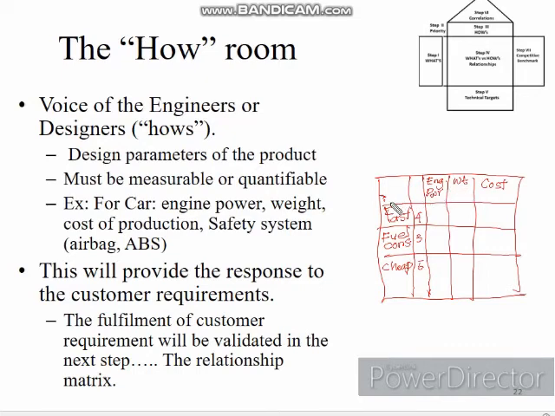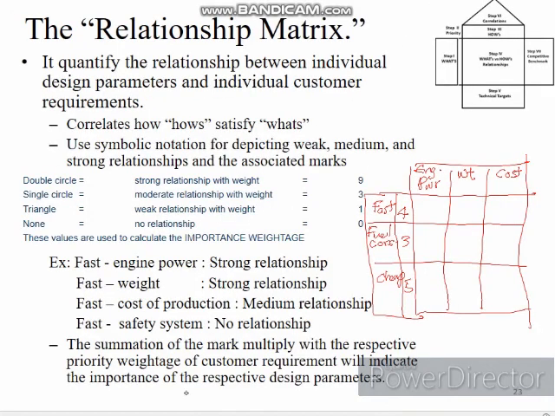So let's look at the next step, where we look at how to establish the relationship between how and what. Let's look at the relationship matrix, which is at the center of the house of quality.